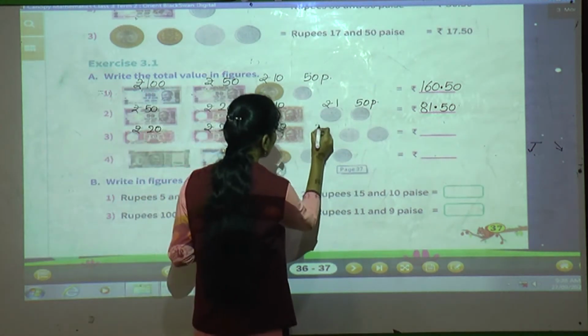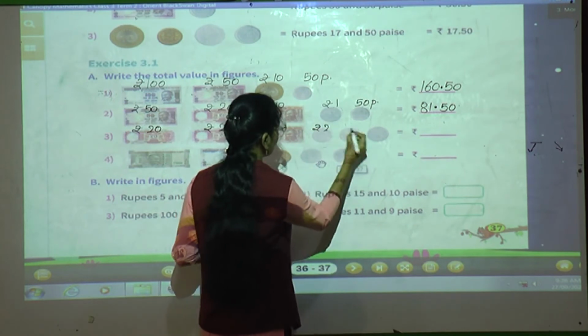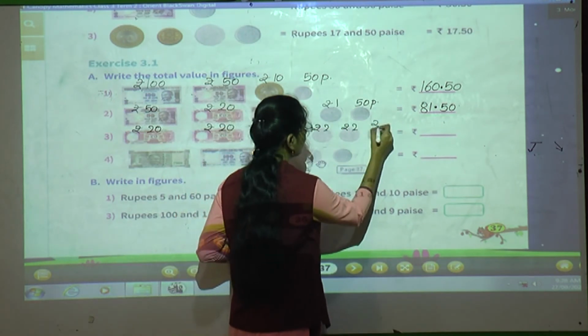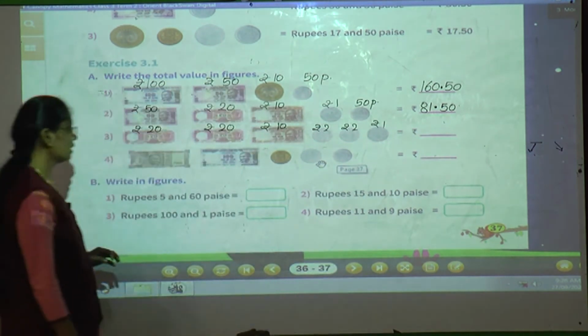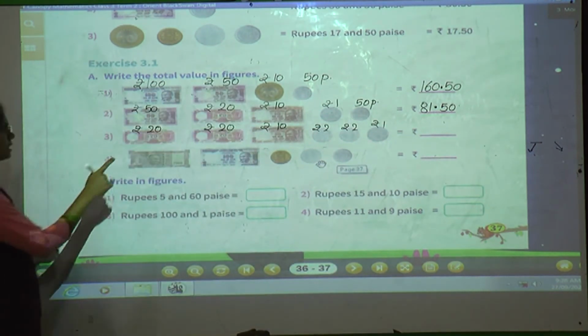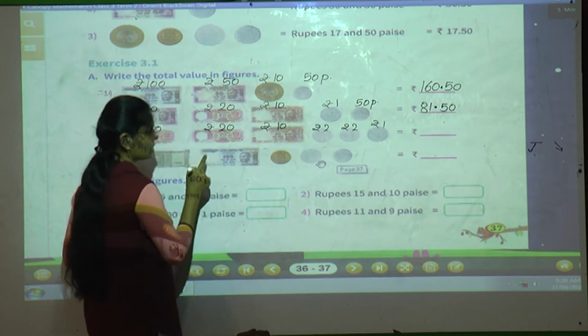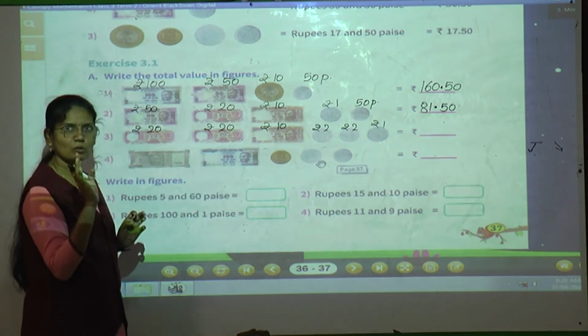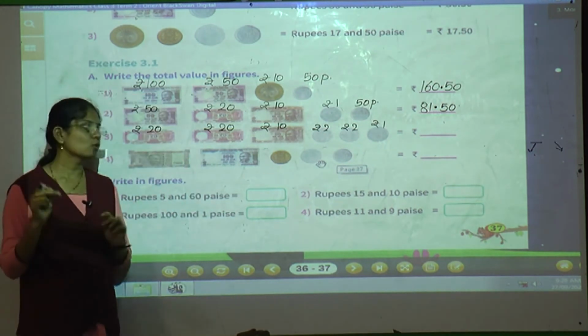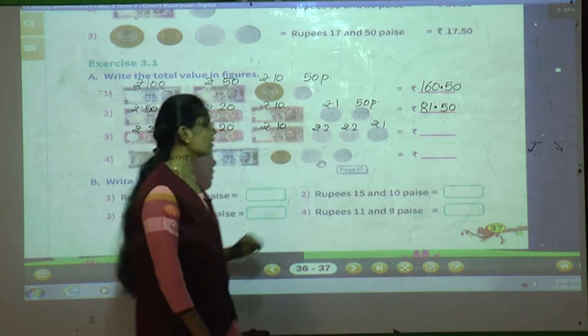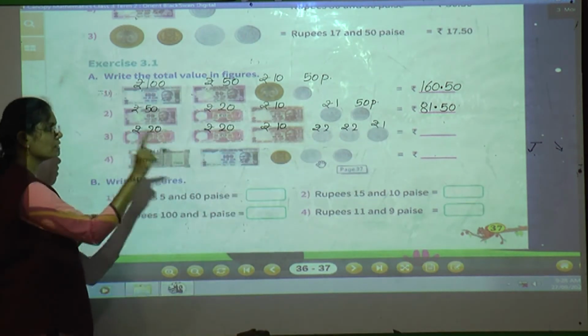This is a coin of 2 rupees. This is also 2 and 1 rupee coin is there. Okay, now see here, if you will see these numbers or currency, all are in rupees only. Here paise is not there, so we will add all the rupees.